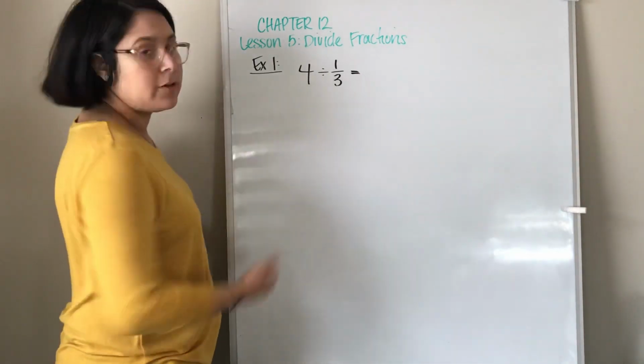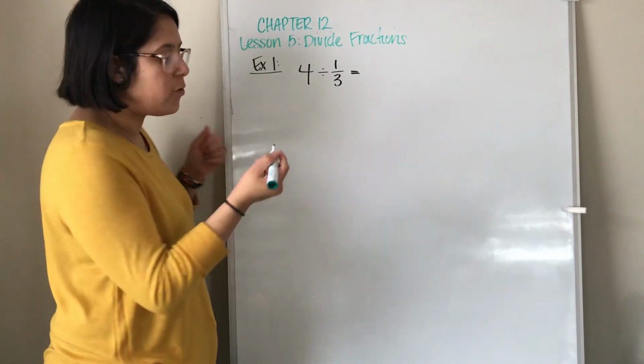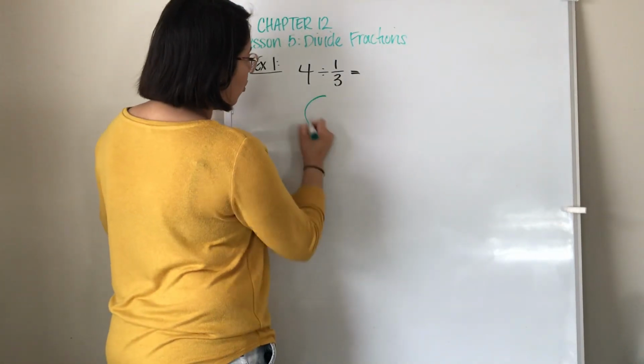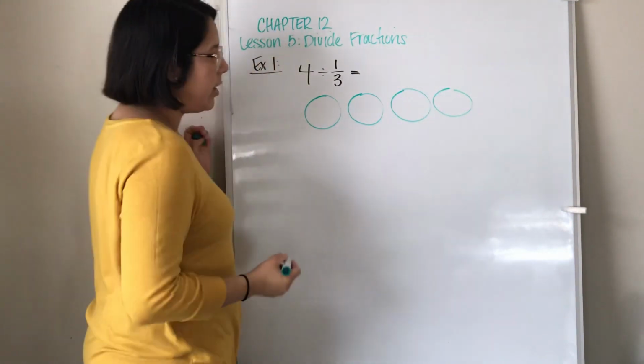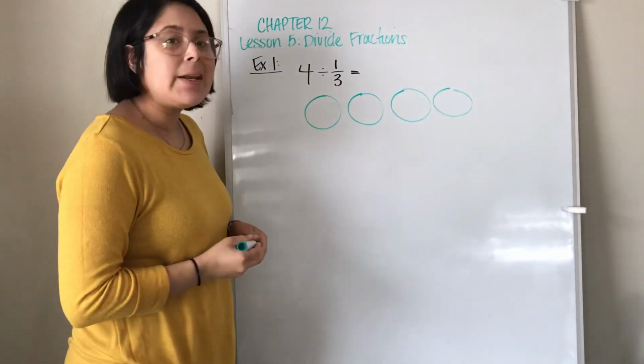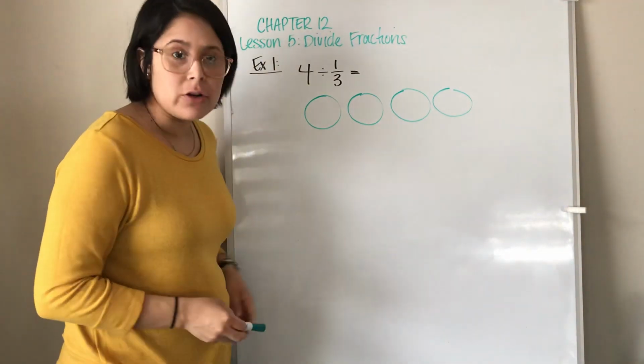So 4 divided by 1/3, what does that look like? Well, let me just take the first number, 4. I need 4 wholes, 4 circles, 4 squares, 4 anything. I need 4 whole, 1, 2, 3, 4. I have 4 whole. Now I need to divide each one into thirds.